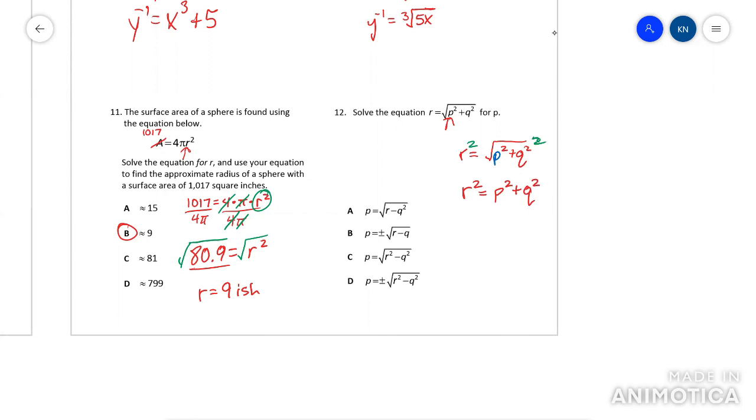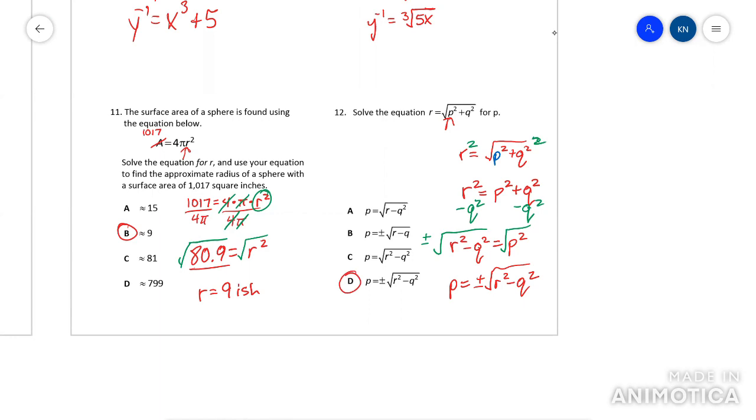You're going to then subtract q squared. They are not like terms, so you just leave it r squared minus q squared equals p squared. And then you want to cancel that square by rooting. And you need your plus minus when you root something. And so this one, I would end up with p equals the plus minus root of r squared minus q squared would be my answer. So that looks like D.